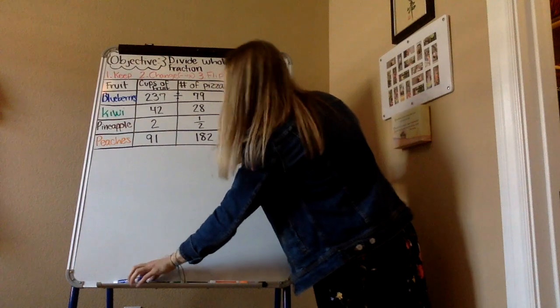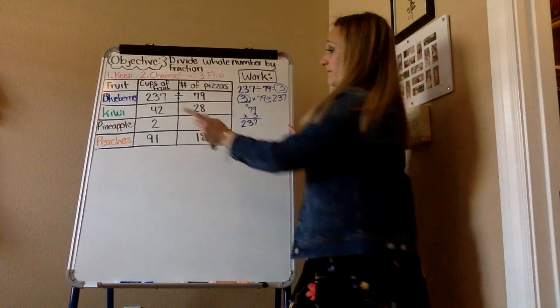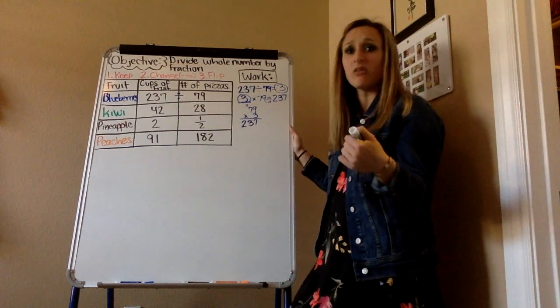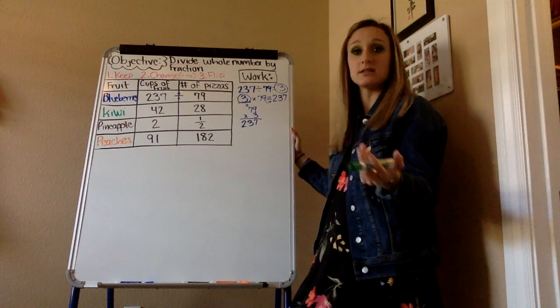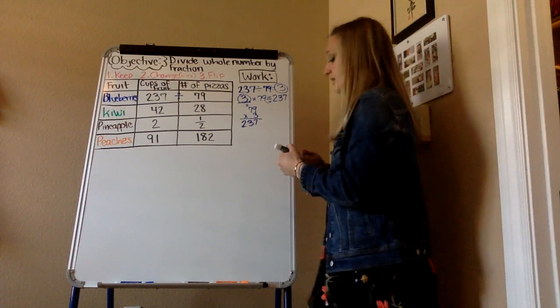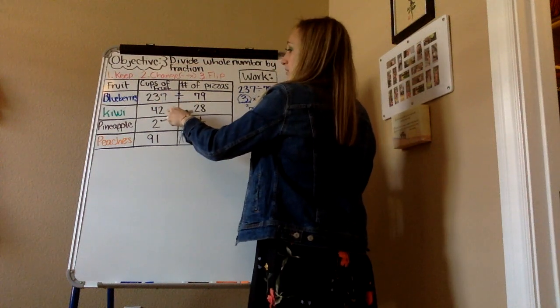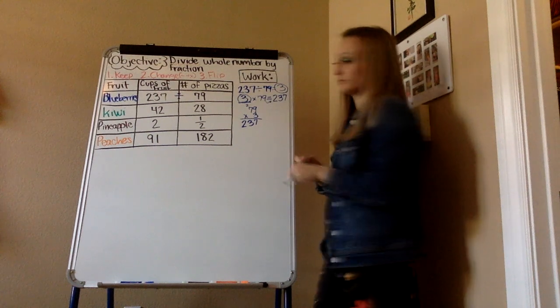For kiwi, all right. At first, looking at 42 and 28, those seem like that's going to be some version of twice the amount of size. So my math here, again, I have 42 cups of fruit spread out onto 28 pizzas.